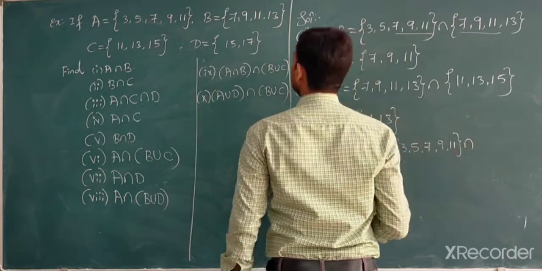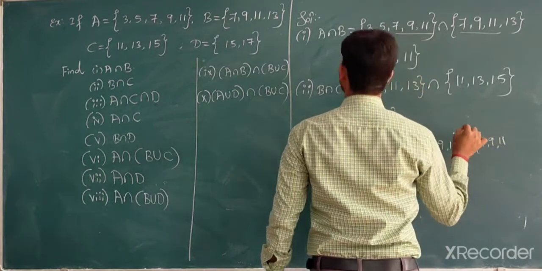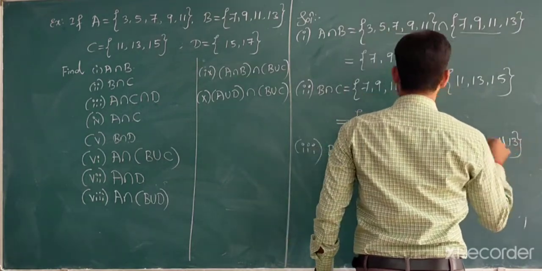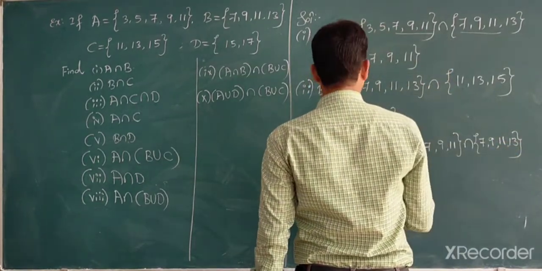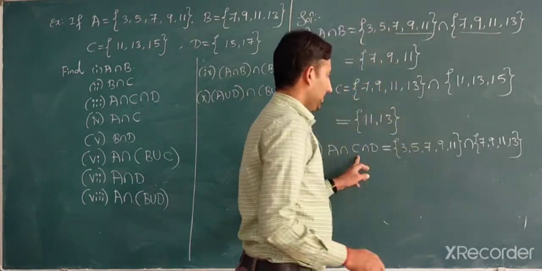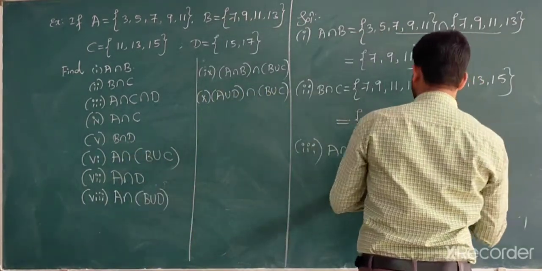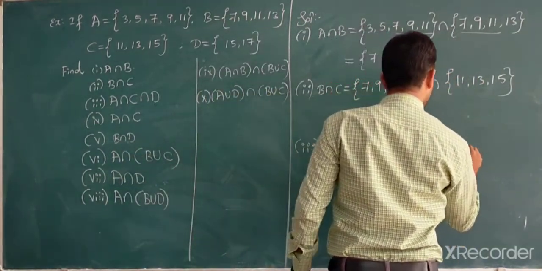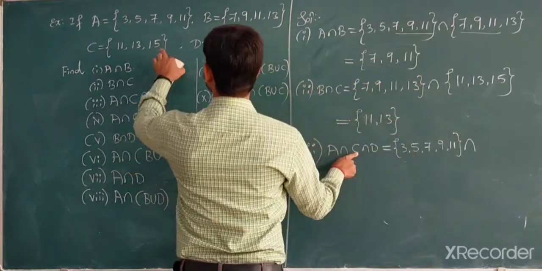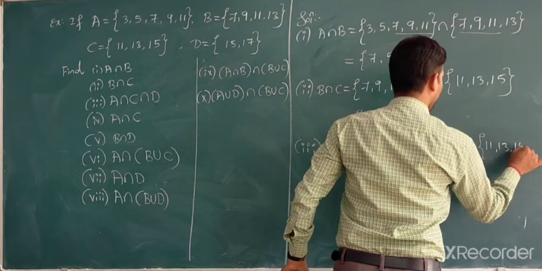Intersection, sorry, here there will be A intersection the value of C. C is nothing but {11, 13, 15}.